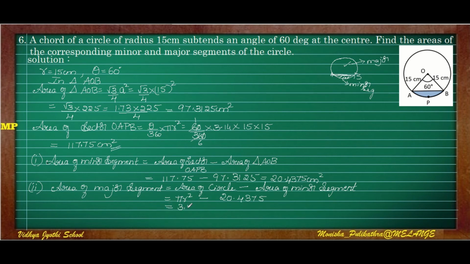So pi value is 3.14 into 15 square minus 20.4375. If you multiply this, you will obtain 706.5 minus 20.4375. So the answer for the major segment is 686.0625 centimeter square. So here we found out the major segment and minor segment. I hope you understood this.